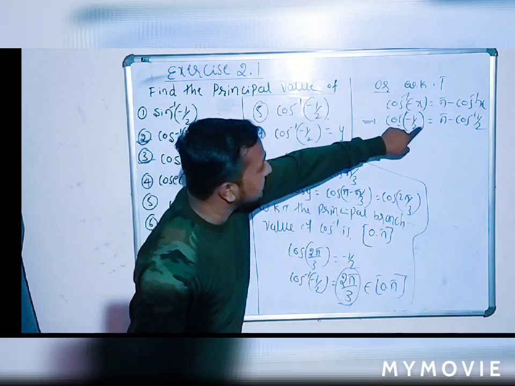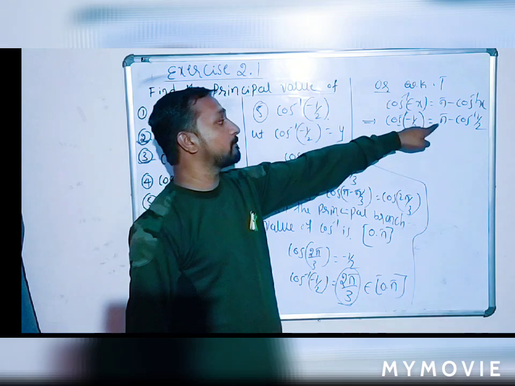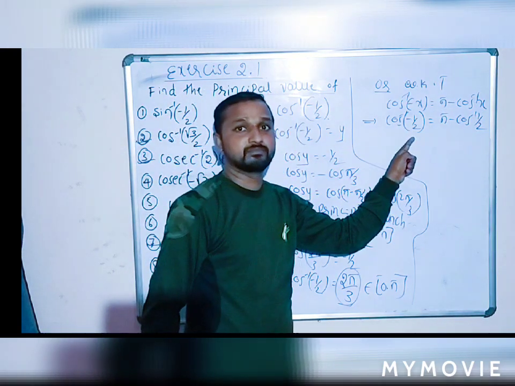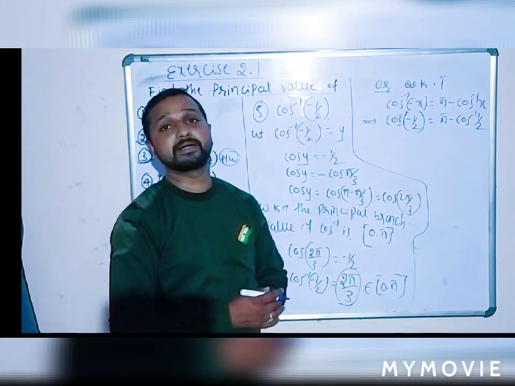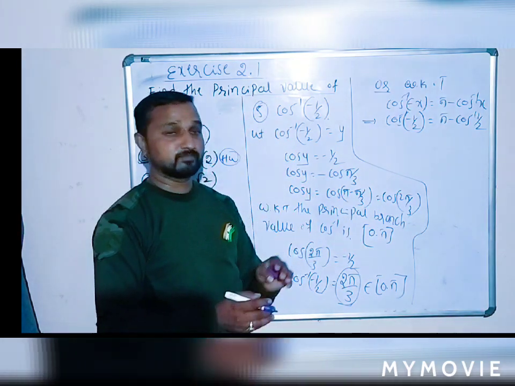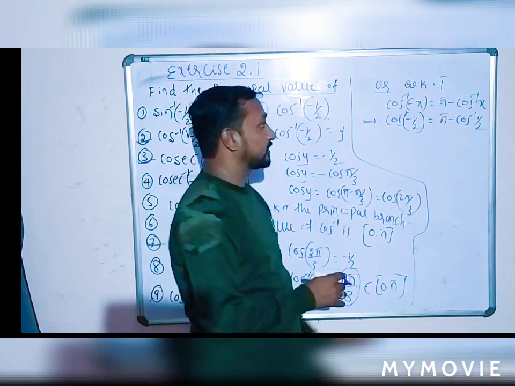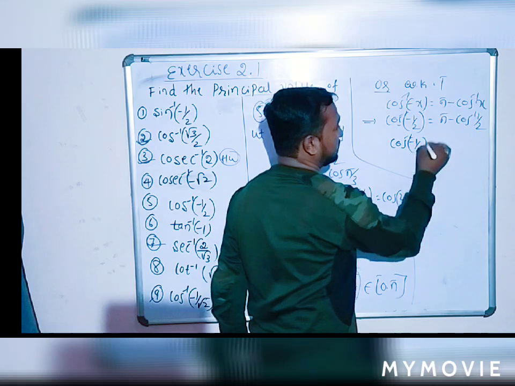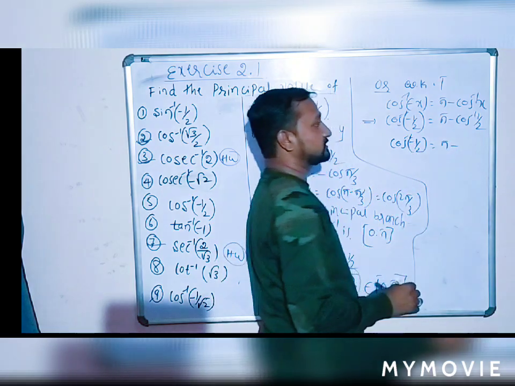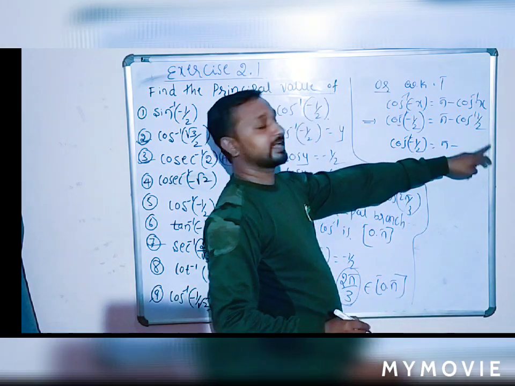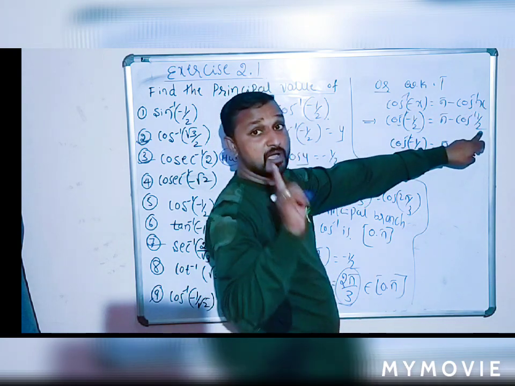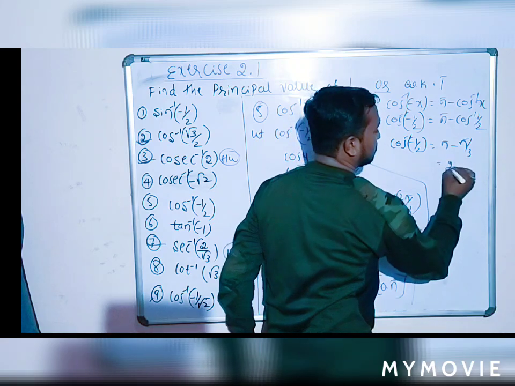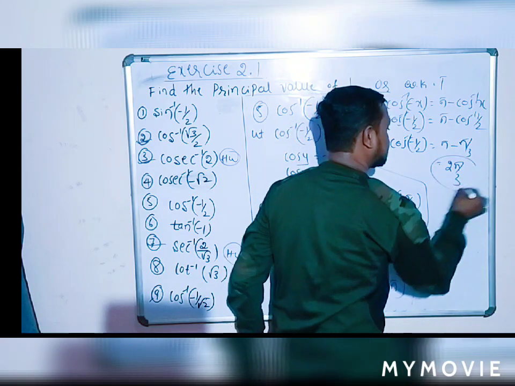Here x is 1 by 2. This is the direct formula, property number 3. Then cos inverse of minus 1 by 2 is equal to pi minus the value of cos inverse of 1 by 2. In which angle is the value of cos 1 by 2? Pi divided by 3, 60 degree. That is equal to 2 pi divided by 3, which is the answer.